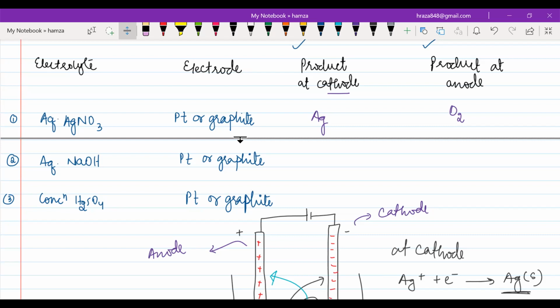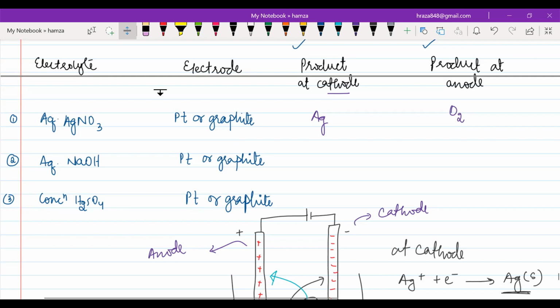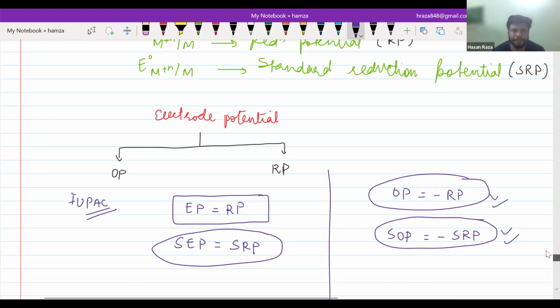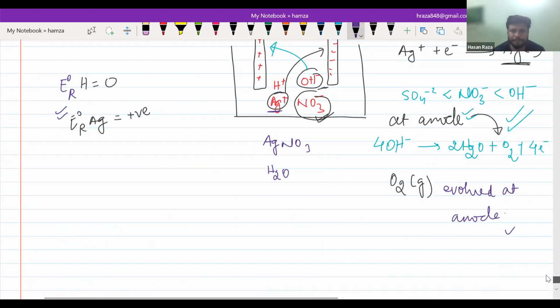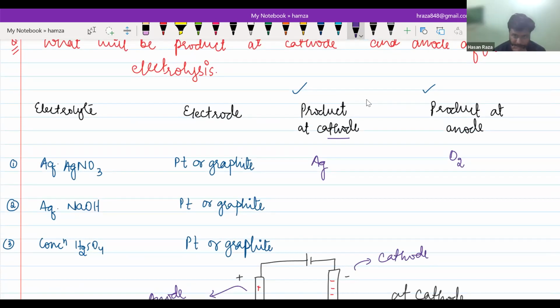Nafisa and Sneha and Hamza, can you do it? The product at cathode is Na. Wrong answer. For cation, there was a trick or there was a rule.